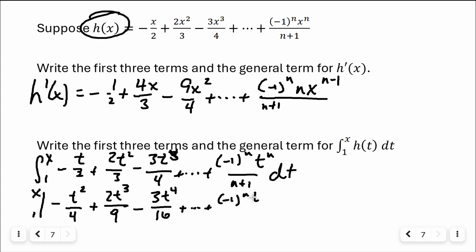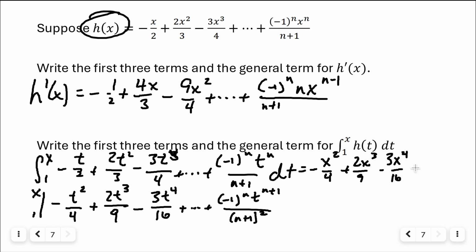Negative 1 to the n, t to the n plus 1 over n plus 1 squared. So now I'm going to evaluate this from 1 to x, which means I'm going to substitute x in first, then I'm going to substitute 1 in. So that would give me negative x squared over 4 plus 2x cubed over 9 minus 3x to the fourth over 16.